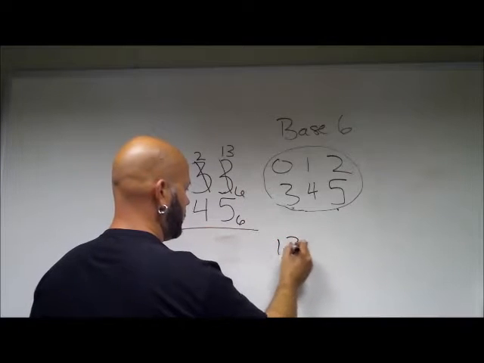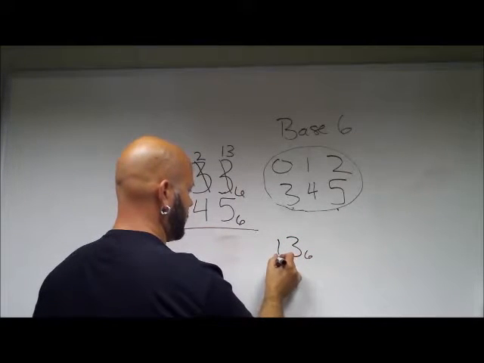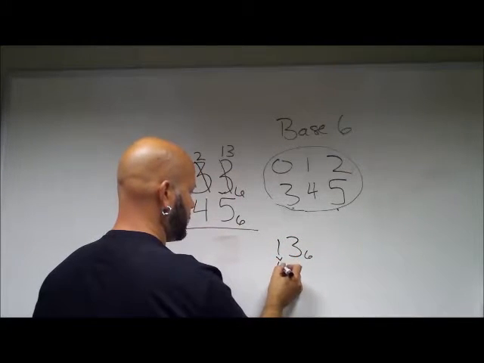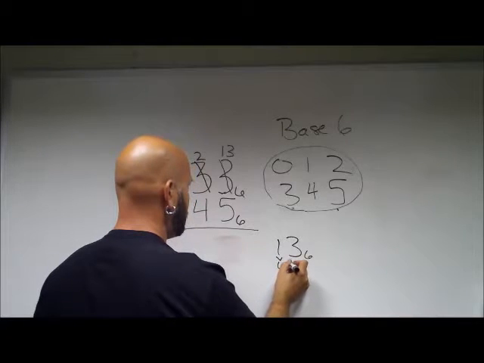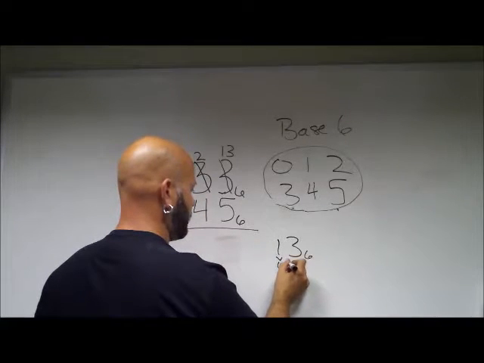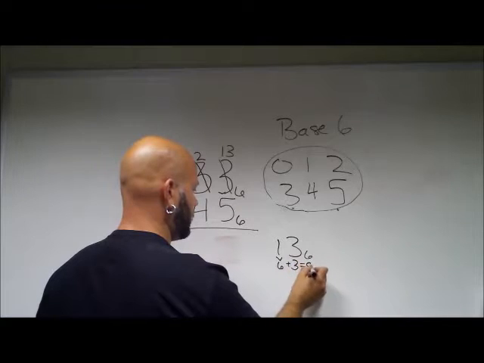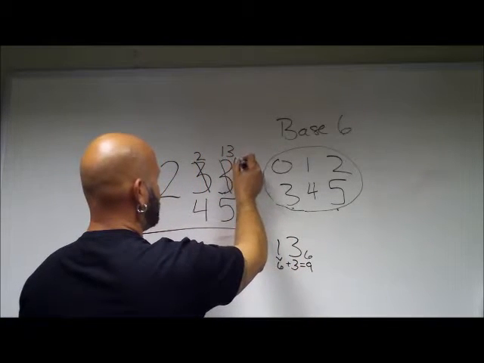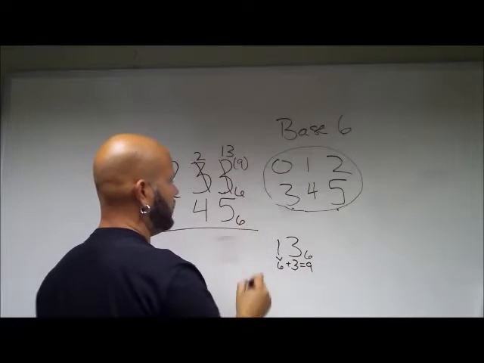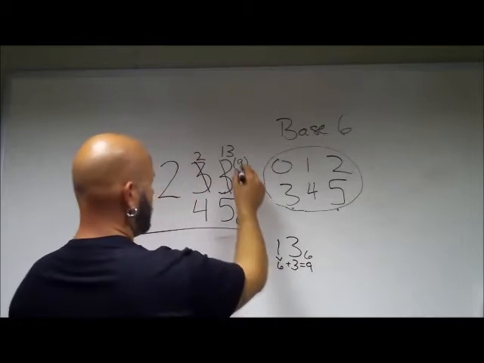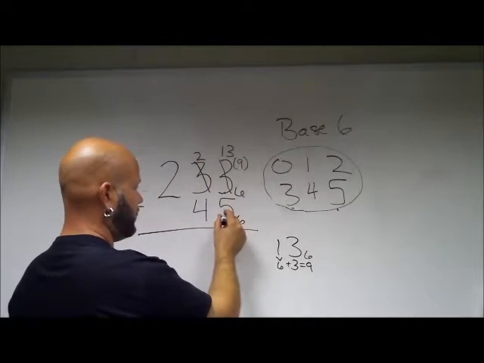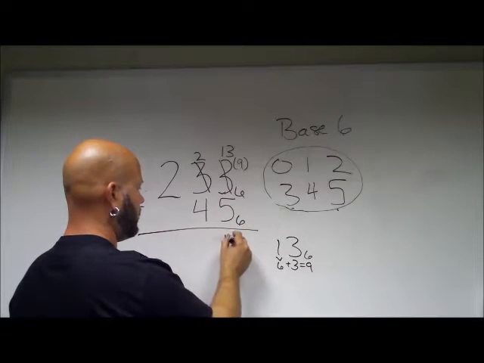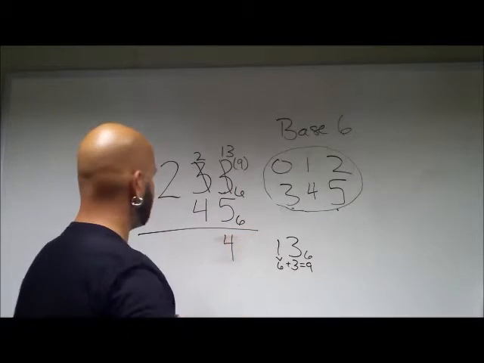So 13 in base 6 means one group of 6 plus 3 equals 9. So 13 is a way of writing 9 in base 6. So now we take 9 minus 5, and we get 4.